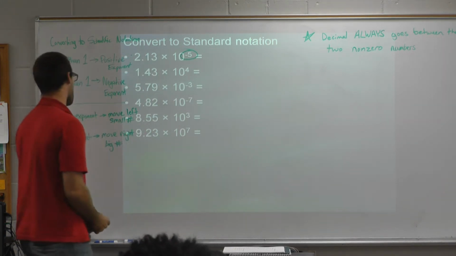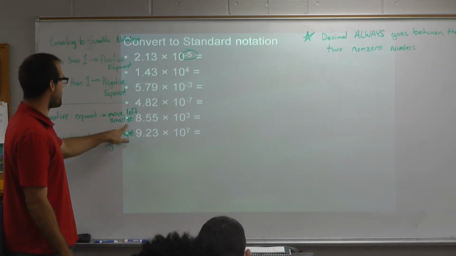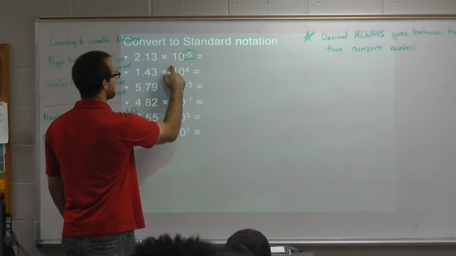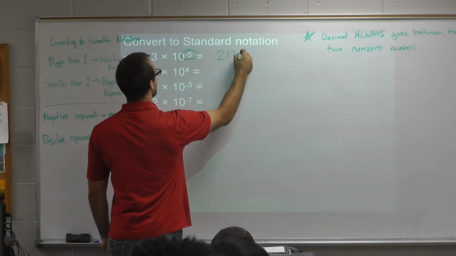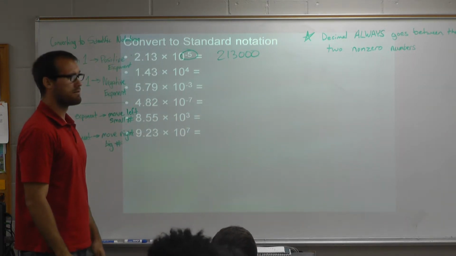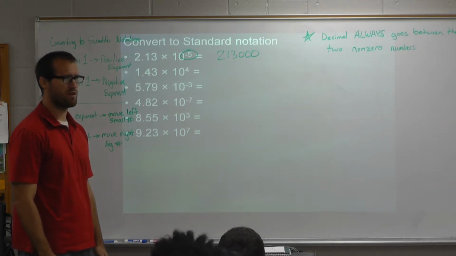Cool? Alright. I looked at that like, that doesn't make any sense. Okay, negative exponent. It says move left. But remember, negative means small number. If I move the decimal right 5 spots, is that number bigger or less than 1? Can we have a negative exponent give me a number bigger than 1?